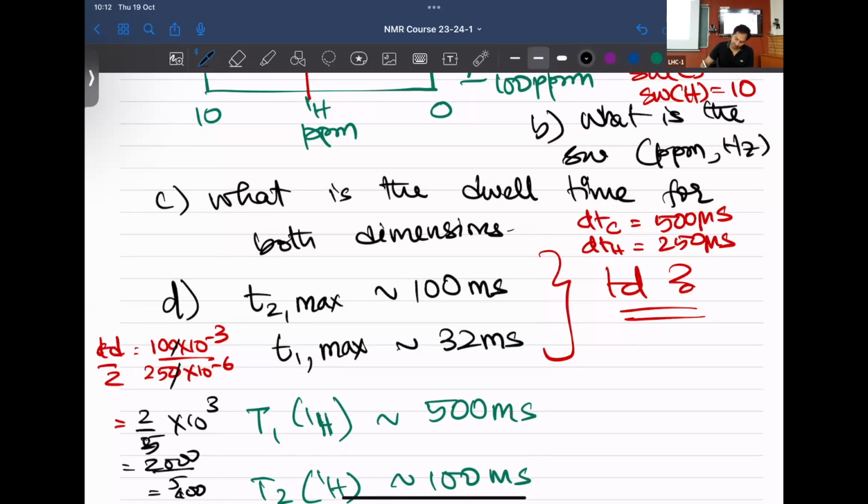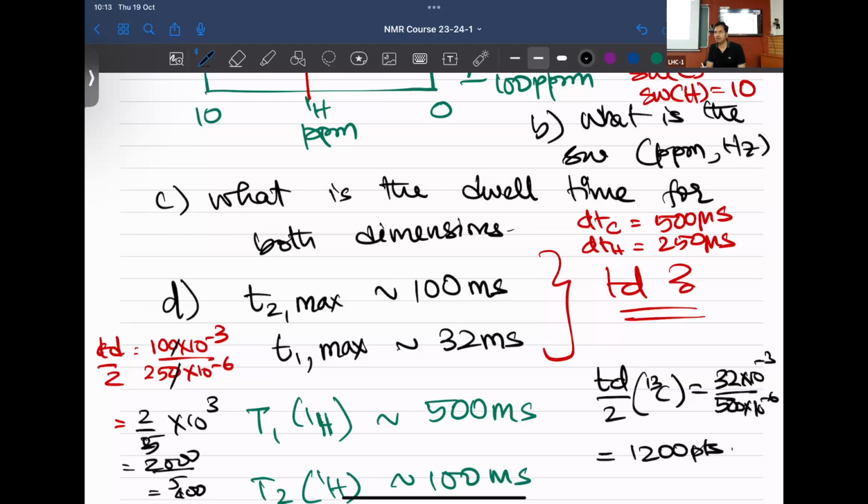Okay, so similarly, the TD by 2 for carbon will be 32 milliseconds divided by 500 microseconds. Right? So what is that going to be? 1200 points. Is that right? Seems a little high to me. So let's see again.